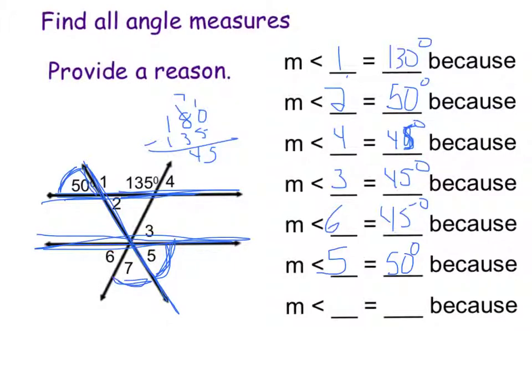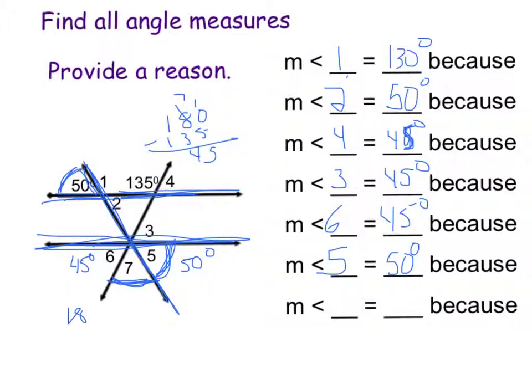Lastly, 7. 7 we could describe in a few ways, but we know that 6 is 45 degrees and 5 is 50 degrees. So 7 has to be, since they form a straight line here, we know that they have to add to 180.